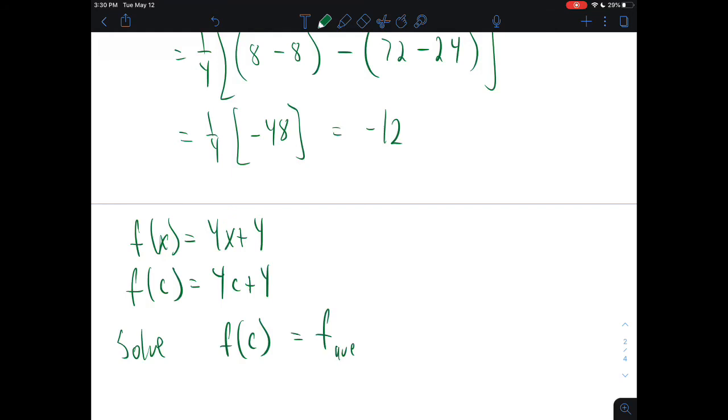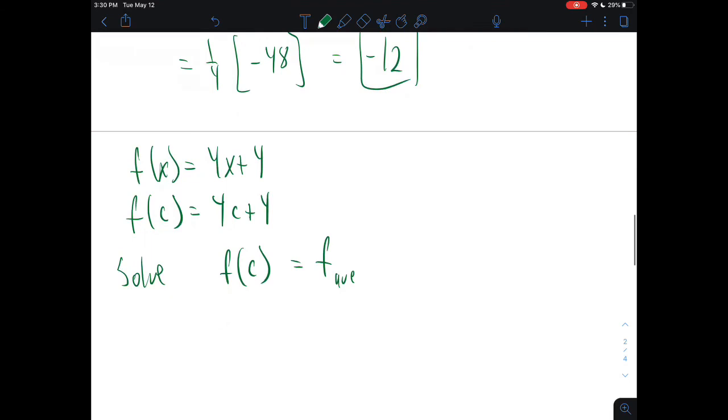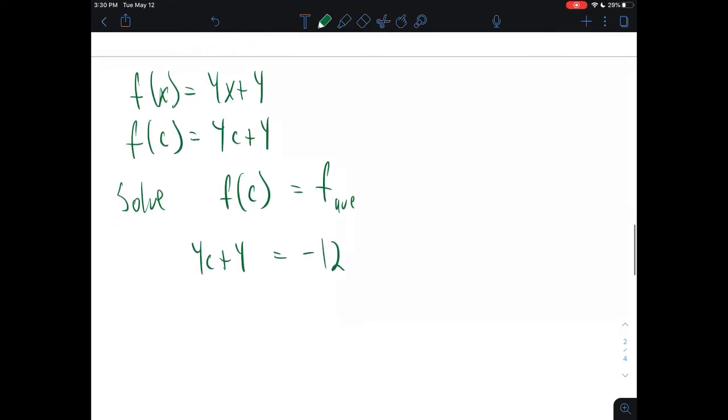We found the average value of the function was -12. So then f of c is 4c plus 4. The average value was -12. And then the value of c, subtract the 4 first, then divide by 4, and we get -4. So that answers the question.